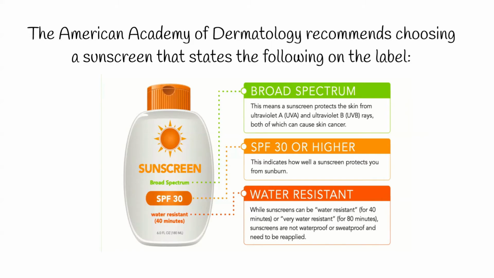SPF 30 or higher: this indicates how well a sunscreen protects you from sunburn. Water resistant: while sunscreen can be water resistant for 40 minutes or very water resistant for 80 minutes, sunscreens are not waterproof or sweat-proof, and this requires reapplication.